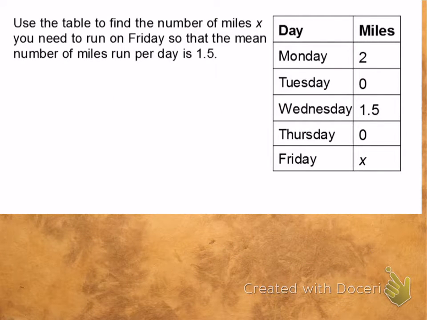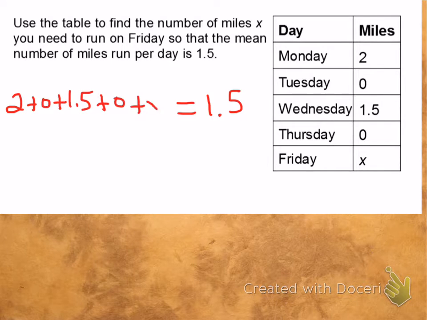Okay, here's a word problem. Use the table to find the number of X miles you need to run on Friday so that the mean number of miles run per day is 1.5. So I know my mean is going to be 1.5. So I have Monday, I ran 2 miles plus 0 miles plus 1.5 plus 0 plus x.